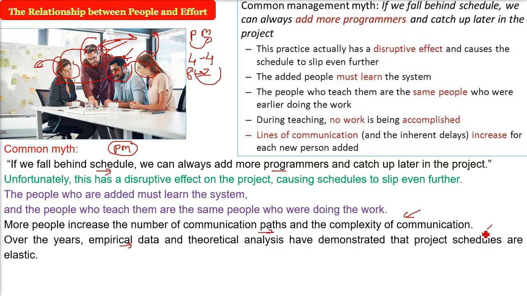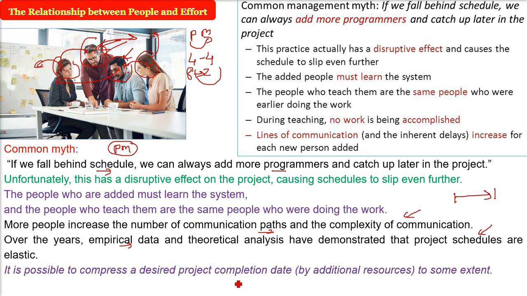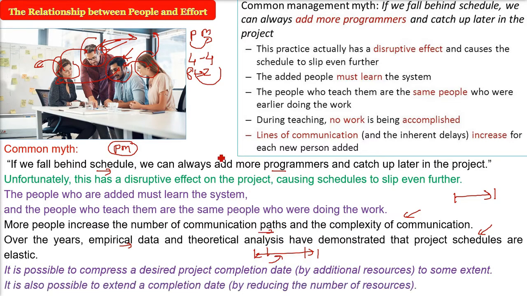But not at the end of the project. That is, if you are given a time by which you have to complete, it may be elastic. It is possible to compress a desired project completion date by adding additional resources to some extent. That is, you can compress it by adding certain additional resources. It is also possible.